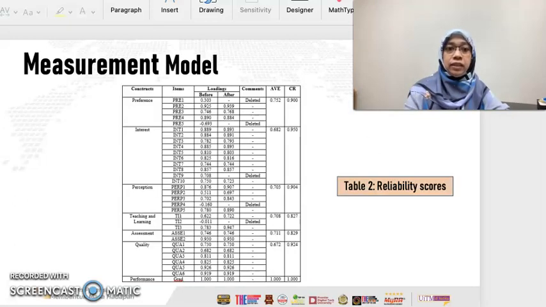From here, it can be seen that 5 out of 31 constructs have been deleted due to loadings of less than 0.7. However, all constructs have AVE between 0.8 to 1 for their composite reliability. This shows that all constructs are accepted according to Hair 2017.